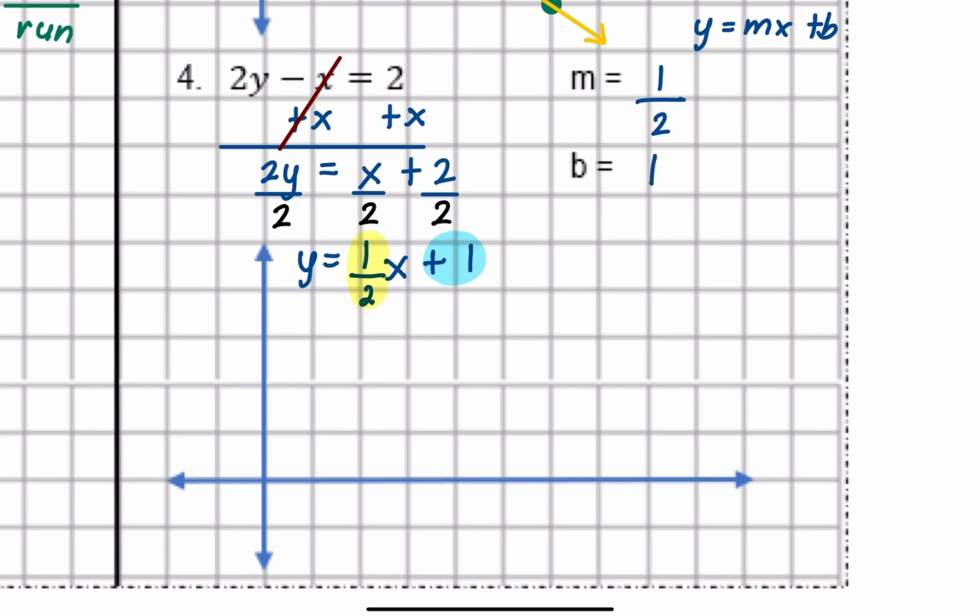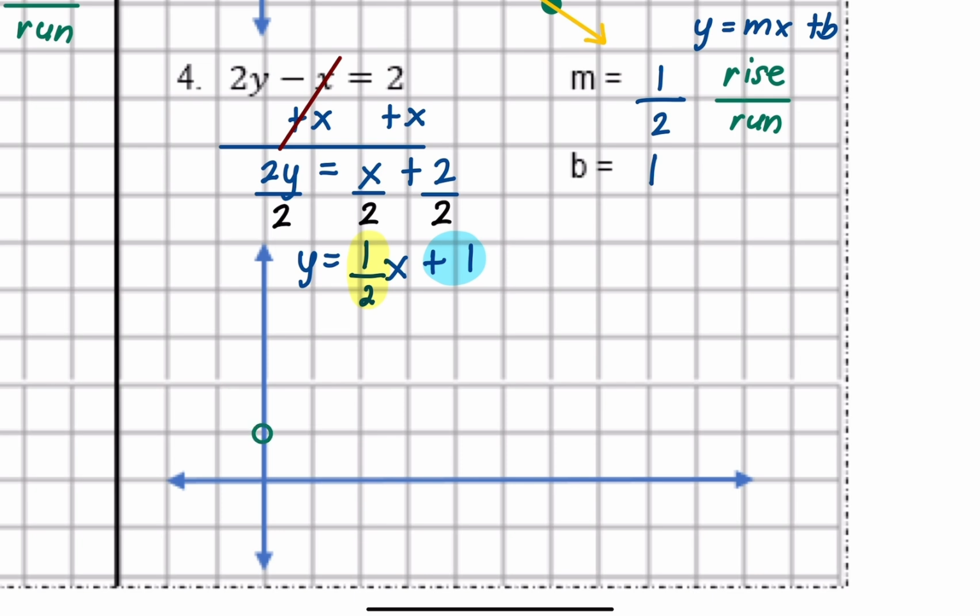Okay, so for our slope, rise over run, our rise is 1, the numerator, divided by the run, which is the denominator. Okay, so in graphing, we always start with y-intercept, which is 1. So where can we find 1 in the y-axis? Okay, very good. It's on top of the x-axis here.